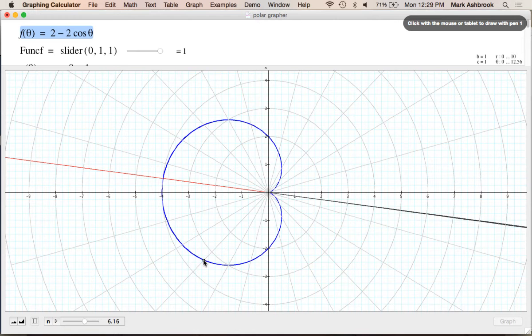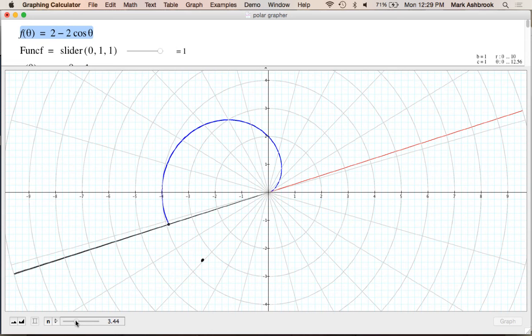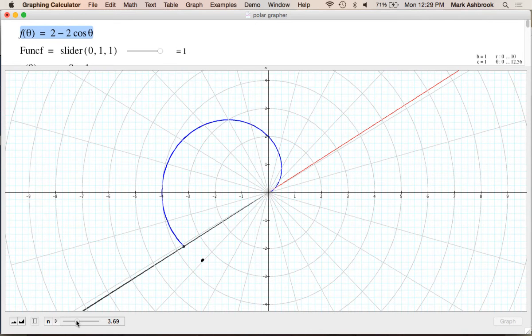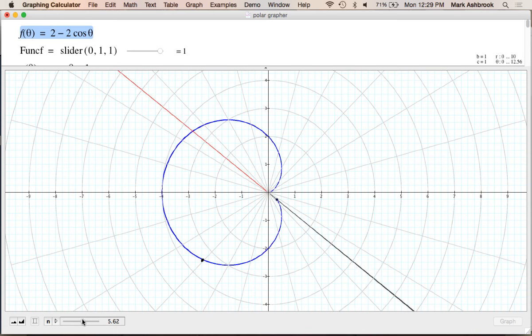I think it's here. Let's just do it. 5 pi over 4. Yeah, right here. So at 5 pi over 4, I want to find the equation of the tangent line at 5 pi over 4.